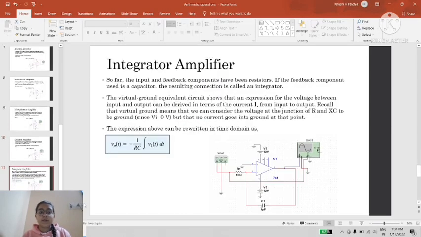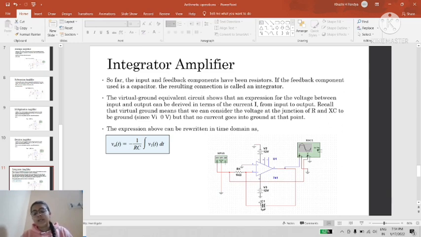After that, integrator amplifier. In this circuit, we have replaced our feedback resistance with a capacitor.